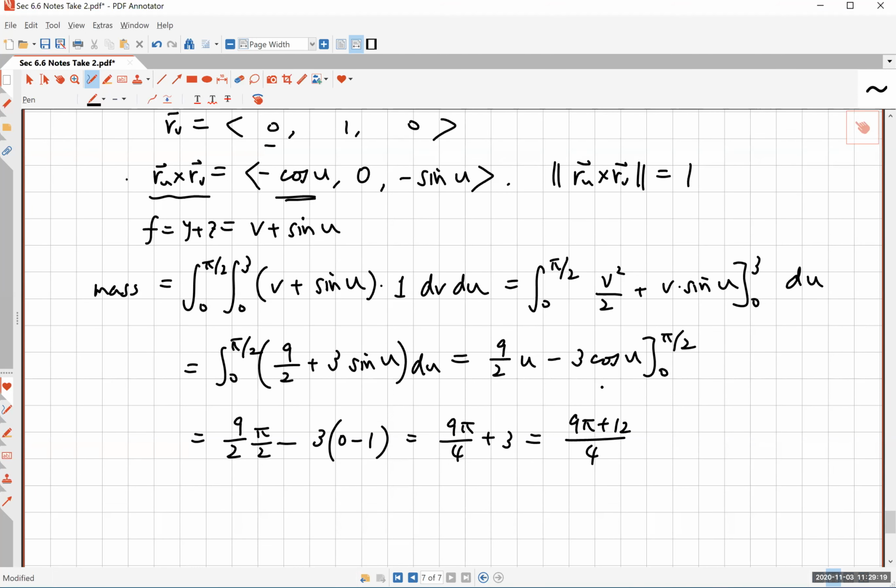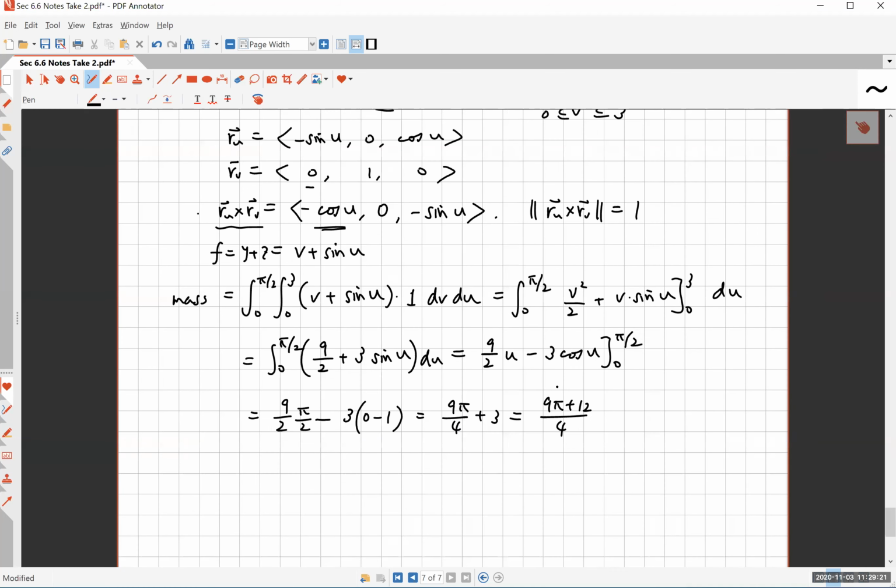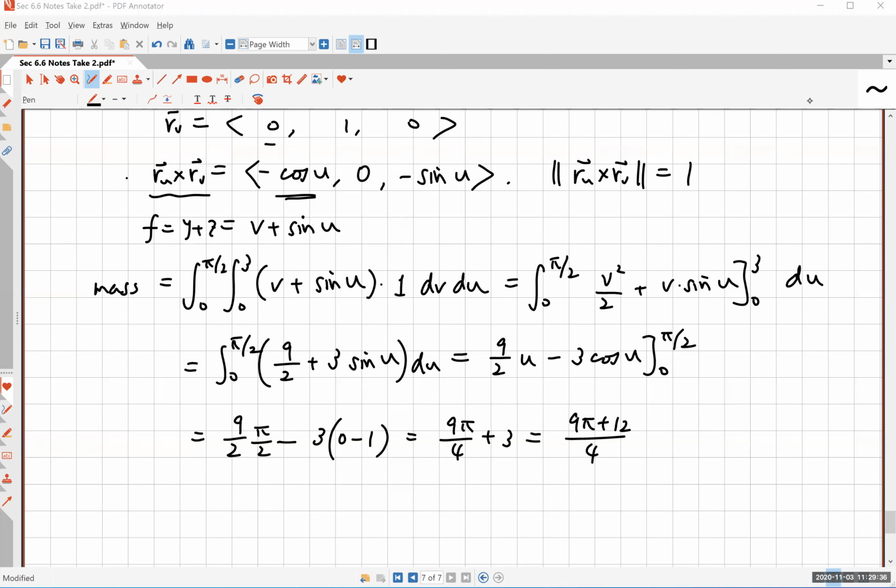And if you evaluate this, this is not a hard problem at this point. You just plug in pi over 2 over here. And then, of course, if this is 0, you don't get anything. Negative 3 cosine is a little tricky, because it's cosine of pi over 2 minus cosine of 0.